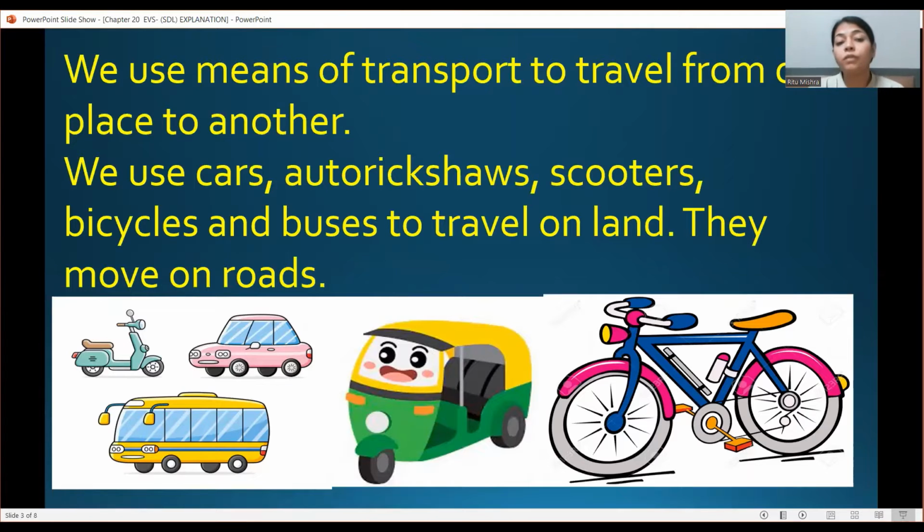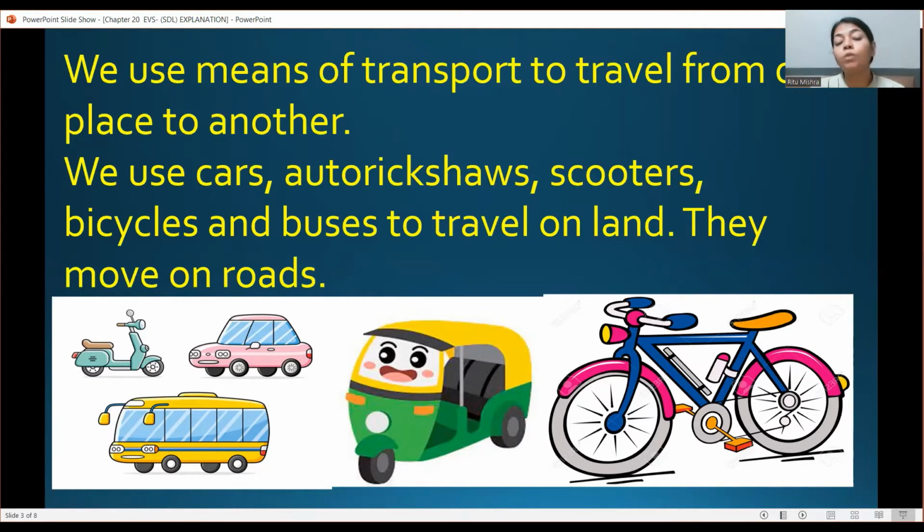So we use different vehicles to travel. These are called the means of transport. Now children, there are three main means of transport, and they are land transport, water transport, and air transport.